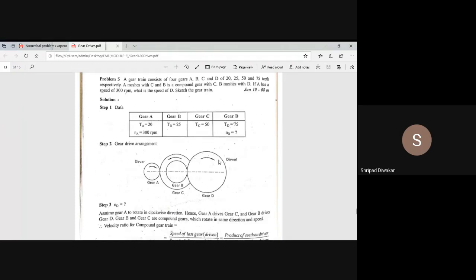Next, gear A meshes with gear C. You have to show the meshing part. On the other hand, B is a compound gear which meshes with C. Whenever they are given like that, B and C are the intermediate gears, and these are called compound gears. You show them as two circles only, not separately.